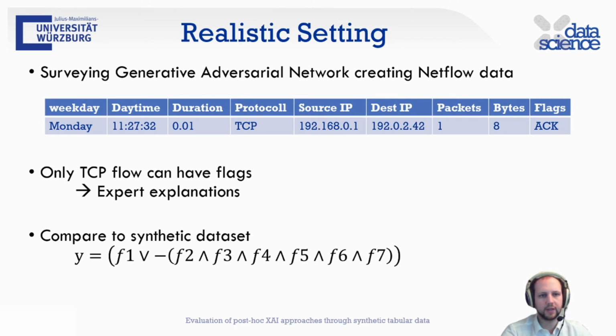We observe that the GAN may falsely generate data that contains TCP flags, even though the transmission protocol is not set to TCP. We create a synthetic dataset mimicking the expert labels with the Boolean function shown below, and test the XAIs on both the real and synthetic dataset.